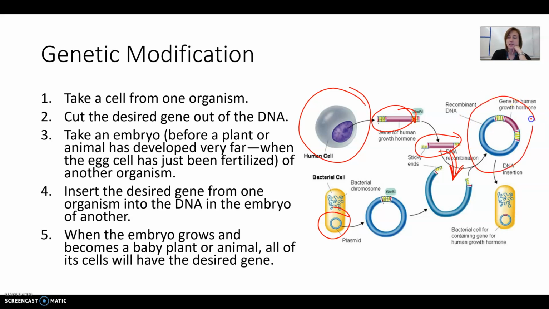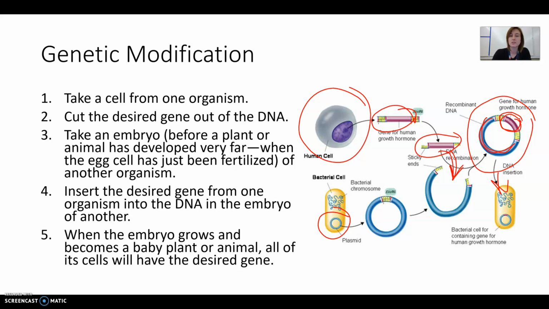And so now here we have the bacterial DNA right here, and it has the gene for human growth hormone in it. And they put it back into the bacteria. And then the bacteria's machinery that usually builds proteins is suddenly reading this gene for human growth hormone. And the bacteria actually produce that protein because they have the DNA from the human cell for human growth hormone.